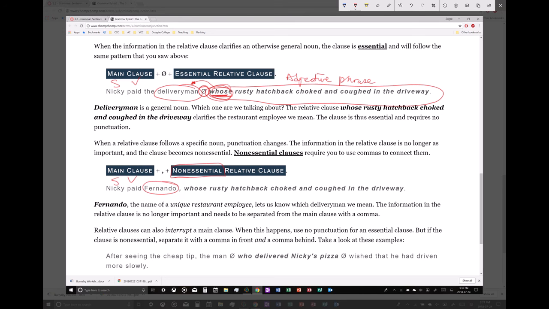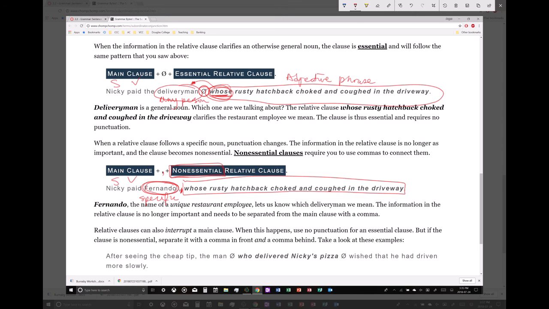We don't really need to know who he is, but this extra detail is specific. This could be any delivery man, and this one is a specific person. So if you have a specific object, you would have a non-essential relative clause. So that's when you need to add a comma before the non-essential relative clause.